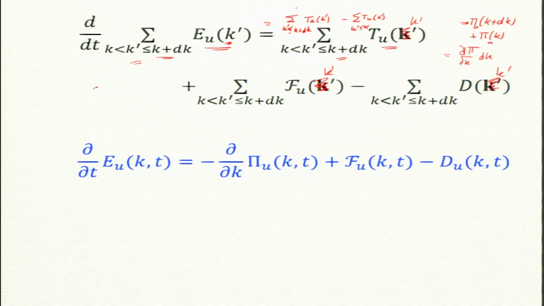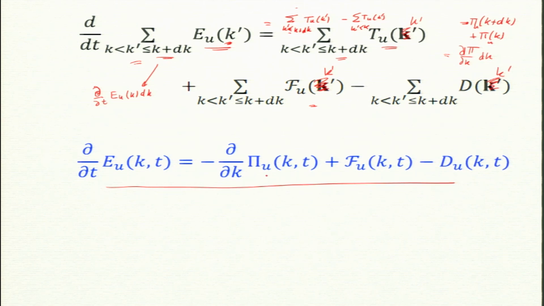We can write this as partial d by dt of u_k times dk. As dk goes to 0, any quantity is f(x) dx. Similarly, this quantity is f_uk times dk, this is d_uk times dk. So dk gets cancelled in the dk going to 0 limit, and I get this equation.